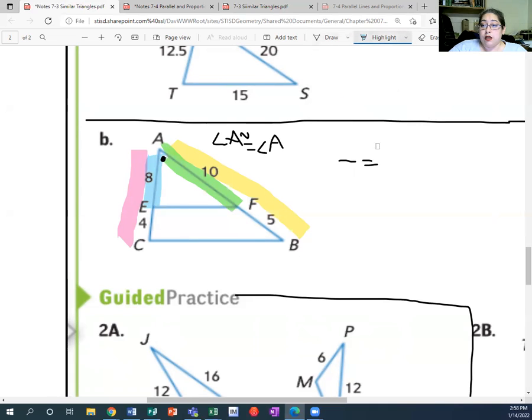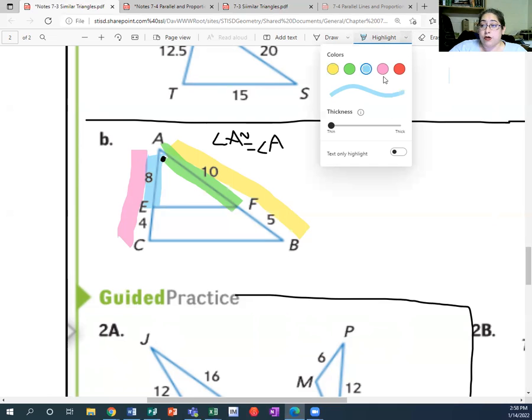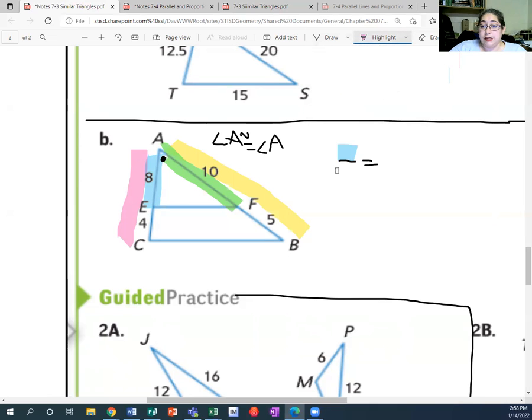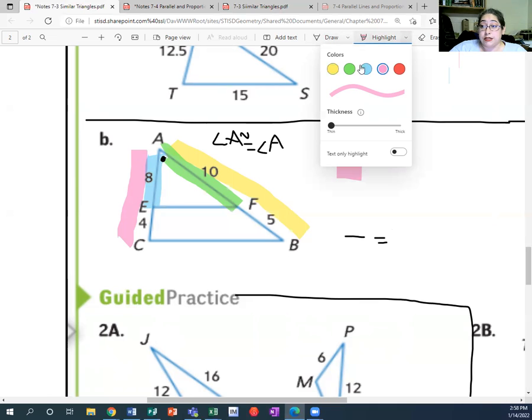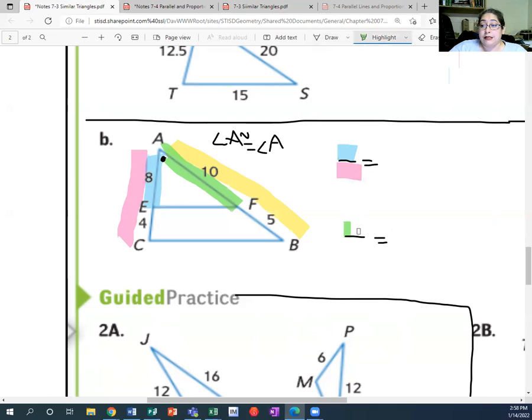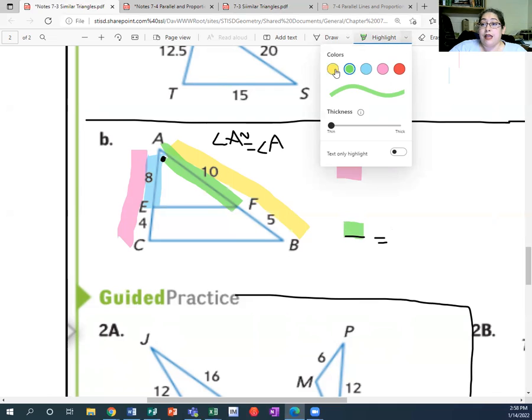So I want the fraction created by that corresponding side A to E and A to C. And I also want to look at the fraction created by the other pair of corresponding sides, A to F and A to B.